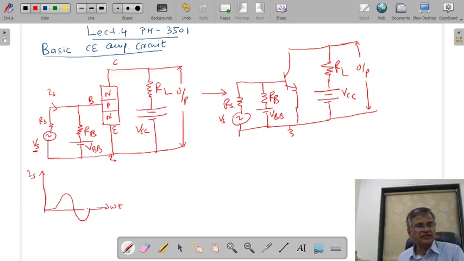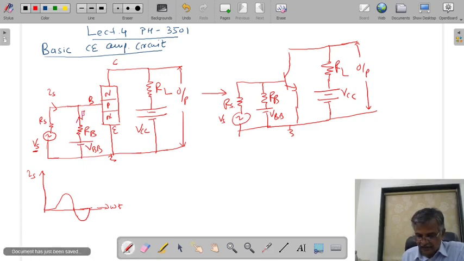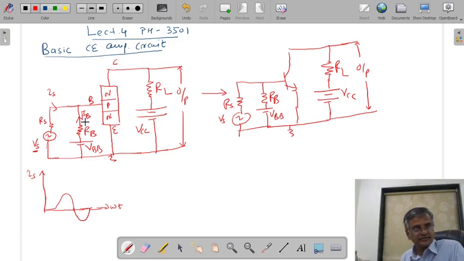This is the AC current coming from this source. This supplies the DC current. This is your IB, the base current, or the base bias current.